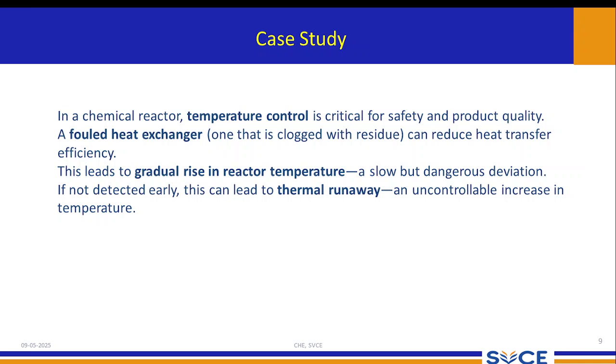You may not be able to predict very small changes, but they need to be noted down and visualized so that this will avoid unwanted occurrences. If not detected early, this can lead to thermal runaway, an uncontrolled increase in temperature.